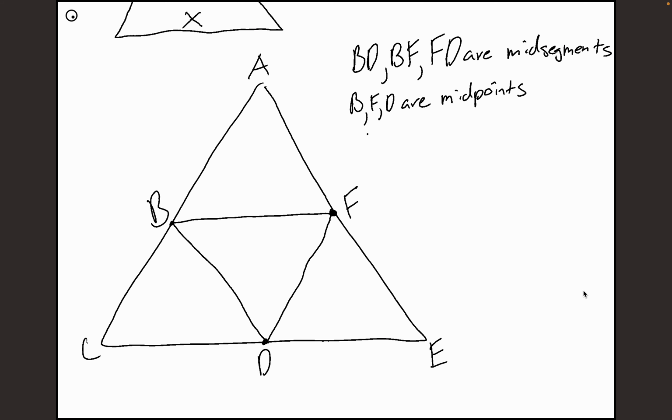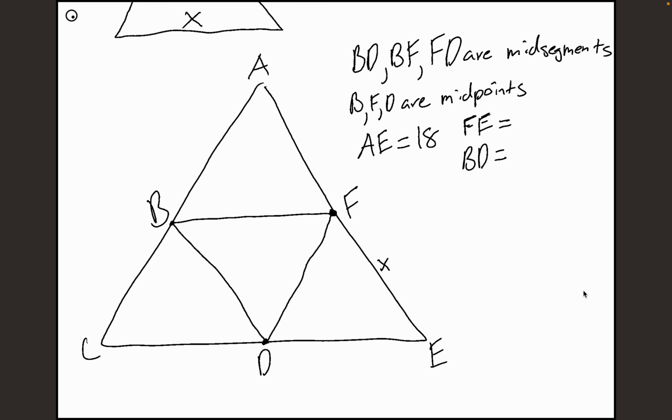I am going to tell you, AE equals 18. I want you to find the values of FE and BD. Now, let's look at this. If I have FE, FE is this segment right here.